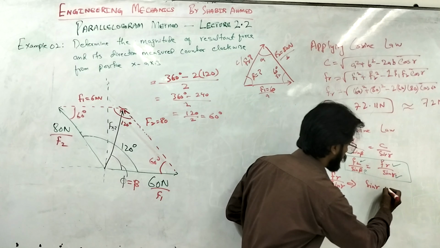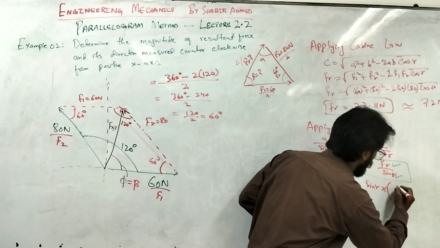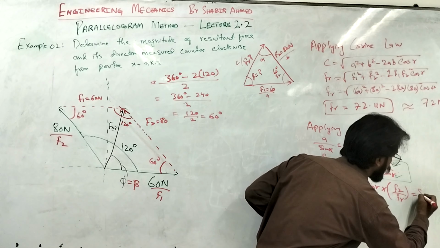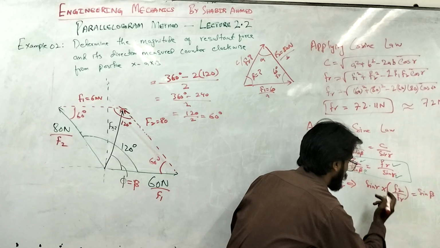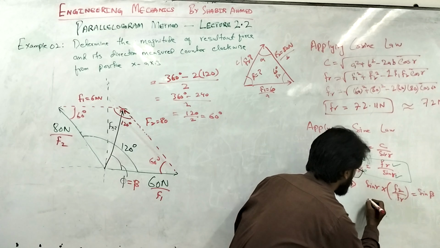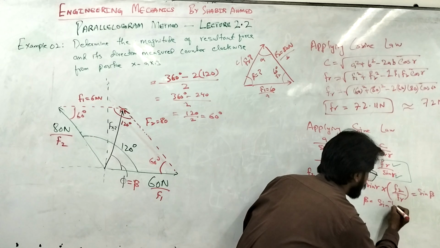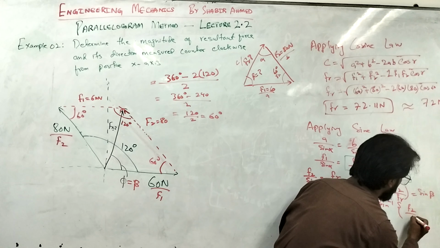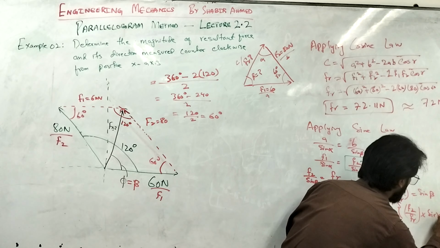Sine gamma goes in multiplication, and we have F2 upon Fr, which is equal to sine beta. So when the sine goes on that side, it will get inverse. So we will have the equation: beta equals sine inverse of F2 upon Fr multiplied by sine gamma.